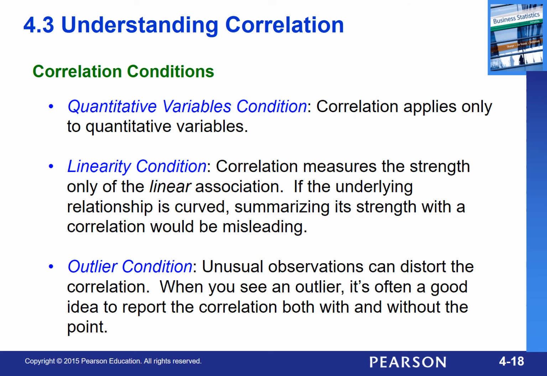The last thing is make sure you don't have any outliers, because unusual values or outliers tend to pull correlation towards them and will skew your values away from being linear. So be careful. It actually makes your correlation weaker if you have an outlier every single time. So usually we don't want to do correlation when we have an outlier. Doesn't mean you can't, we just don't want to.